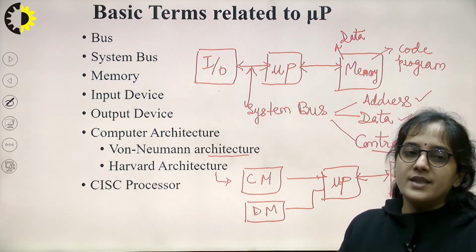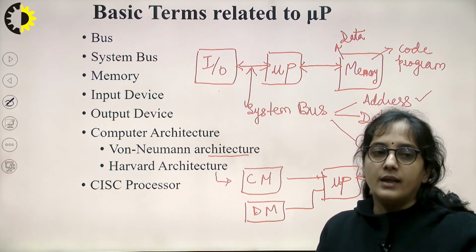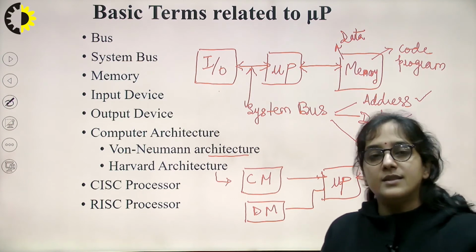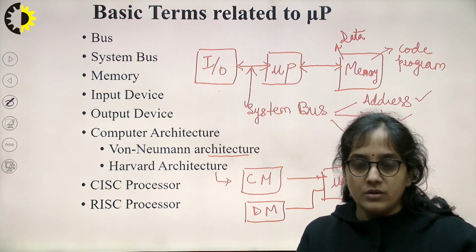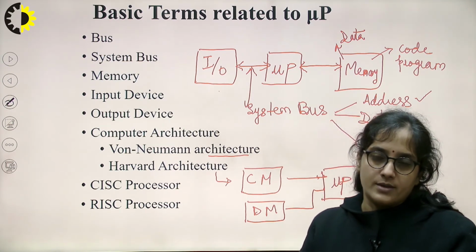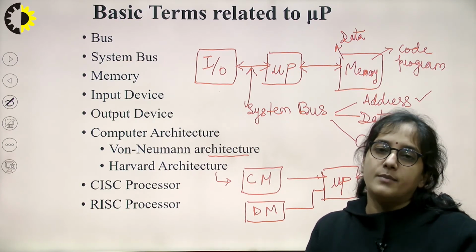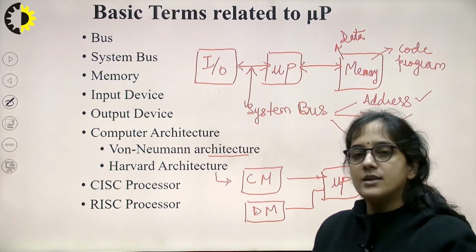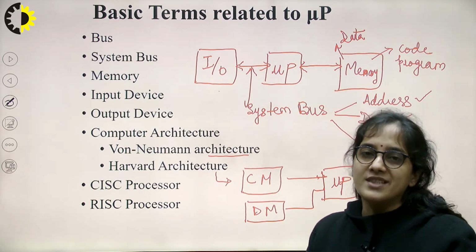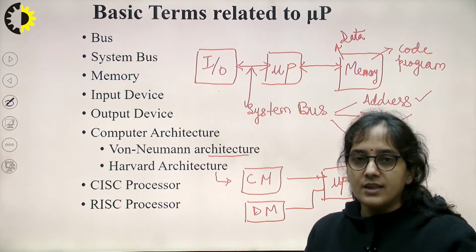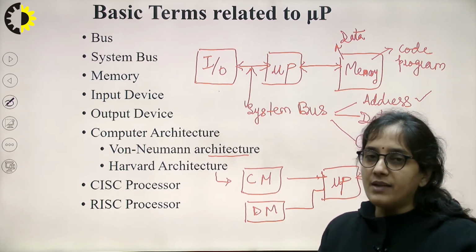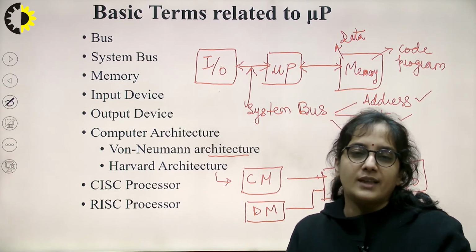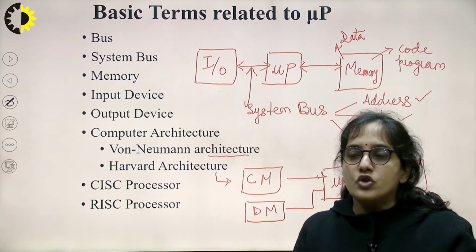Then the next term is CISC processor and RISC processor. As I told you, a microprocessor is a device which processes our information. So, how is it going to process? There are two ways the microprocessor can process our data. One is it takes an instruction that is complex in nature, means at a time one instruction can perform many machine operations, like it can read the data, it can store some data.